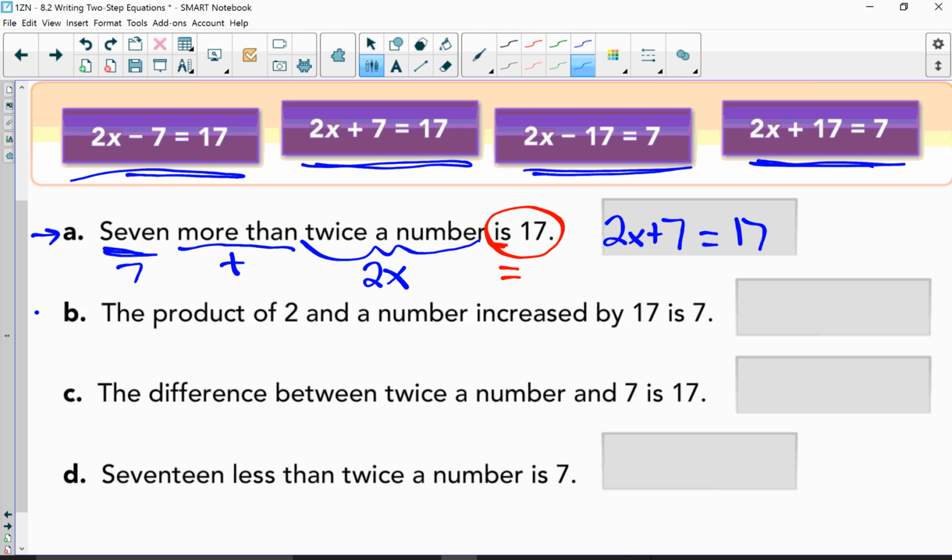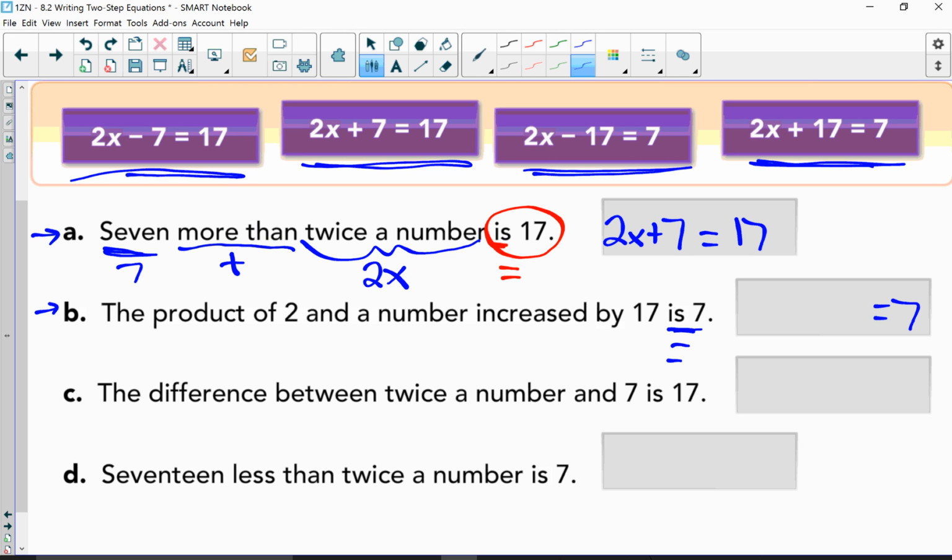Go ahead and try out this next one, B, and see which one of these equations up top will fit for B. All right, so the product of 2 and a number increased by 17 is 7. Remember, is a word for equals.